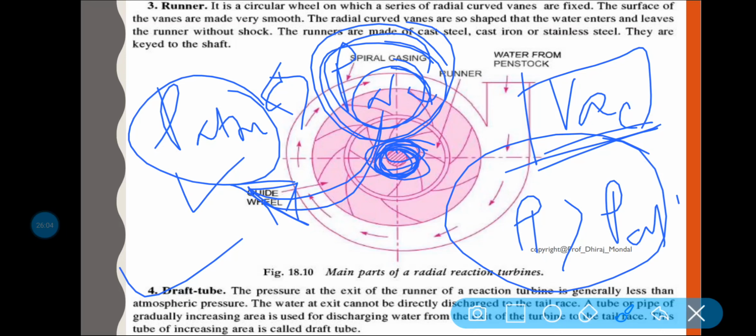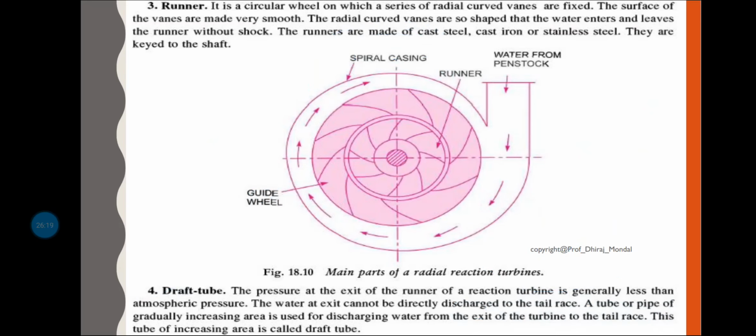The pressure at the exit of the runner of a reaction turbine is generally less than the atmospheric pressure, as I told you. Now the water at exit cannot be directly discharged to the tail race, as it is written here.